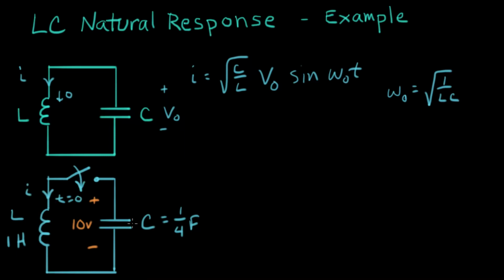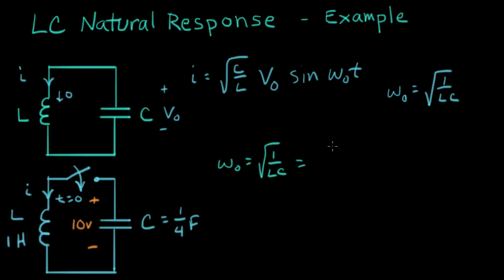We have L, we have C, we have a starting voltage, and so now we have everything we need to work out the current. Let's do that, okay? So first off, we'll do omega naught. Omega naught equals 1 over the square root of LC.